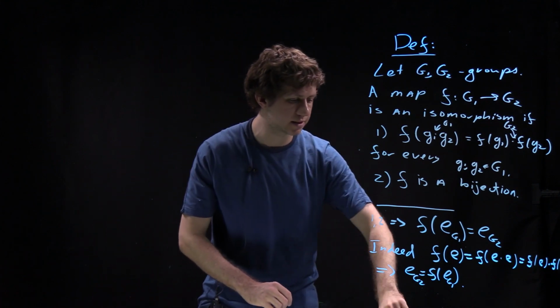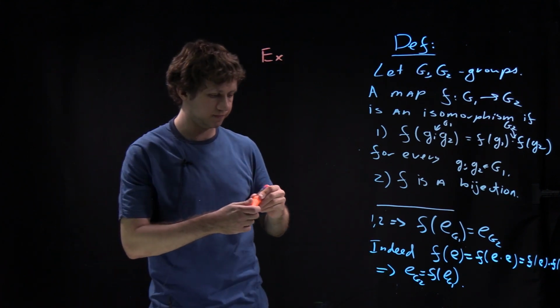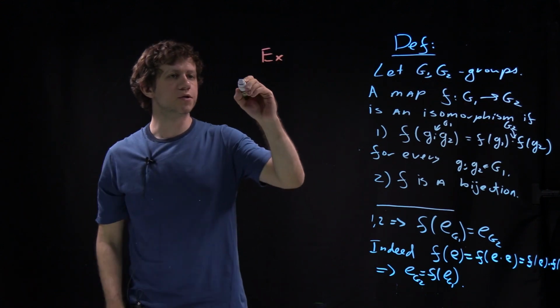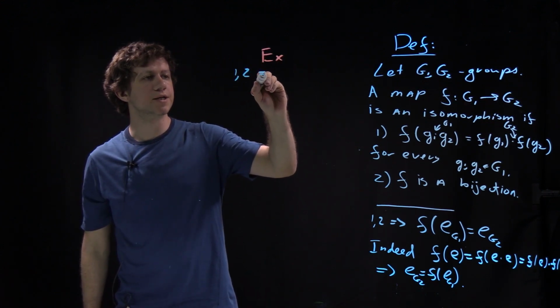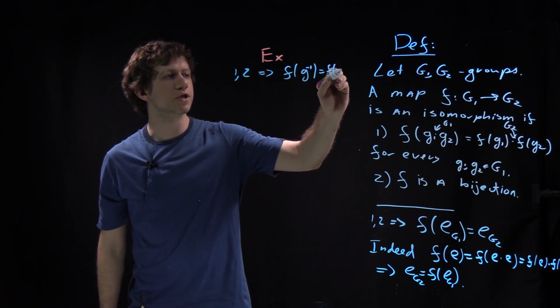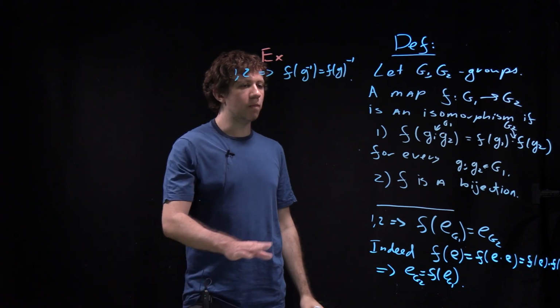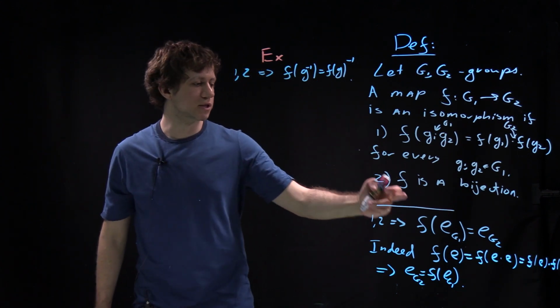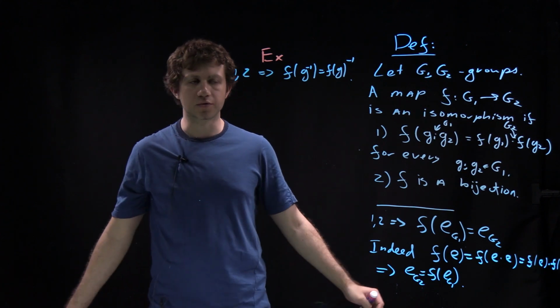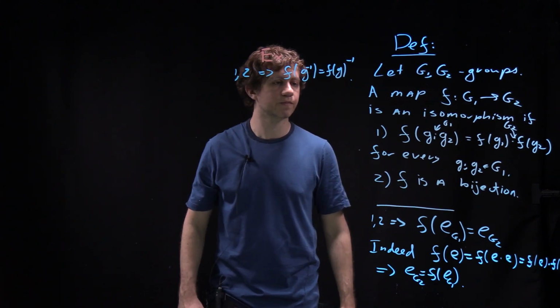That's a little exercise again, a very simple one. So the exercise is: 1 and 2 imply that F of G inverse is F of G, inverse. That's very simple. So basically I might have included these two things inside the definition, but you don't need to. That just follows. And we even don't need to use bijection.